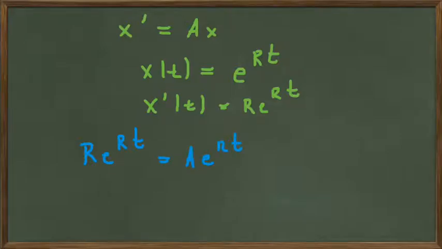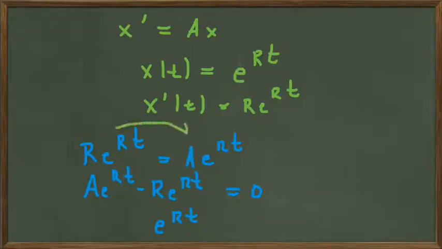Well, if we rewrite that by subtracting, that's r e to the rt minus A e to the rt equals 0. Excuse me, we want to move this r e to the rt to the right side by subtracting it.